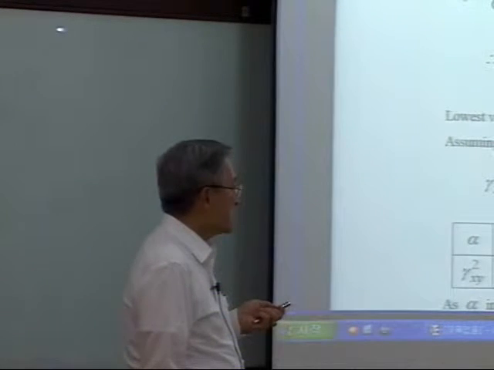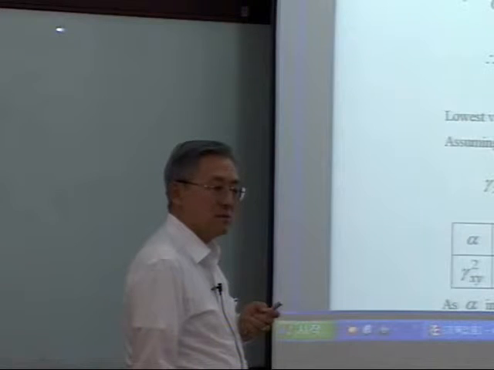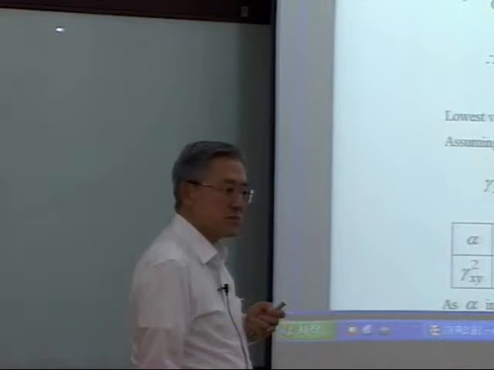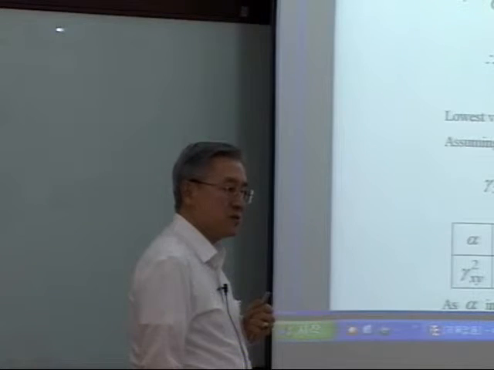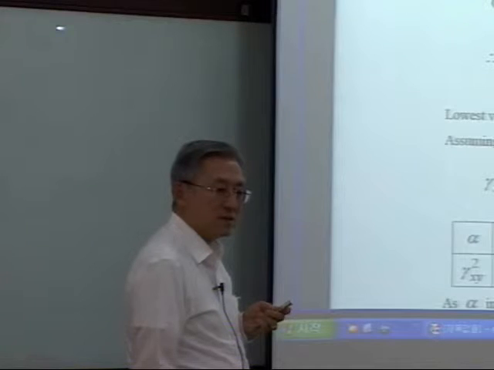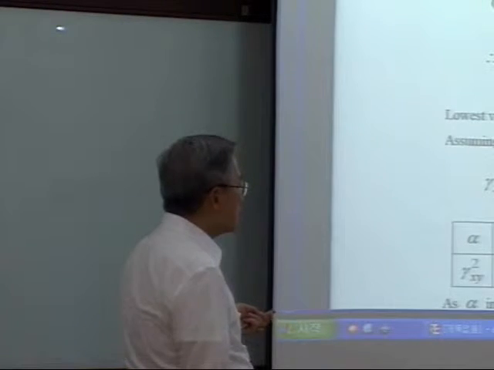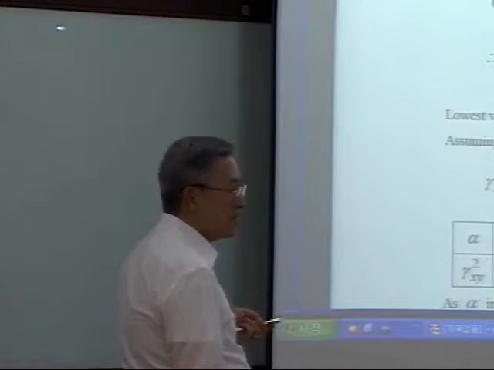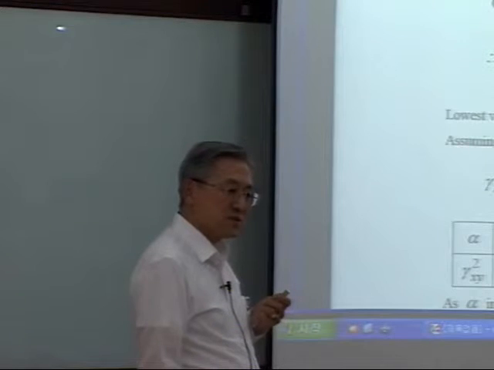If gamma_XY squared is equal to 1, what does that mean? No noise in there. Gamma_MN equal to 1 is the opposite, isn't it?